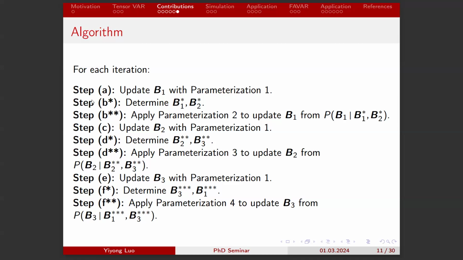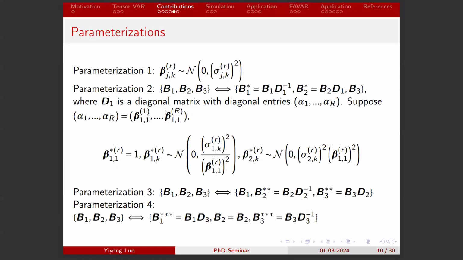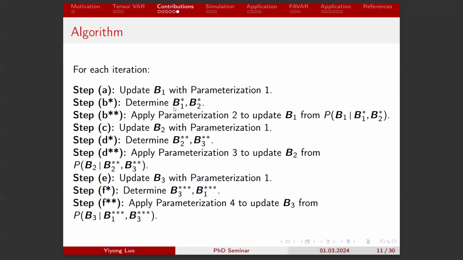And let's move on to steps with 1 star risk. You need to multiply your matrices by something that I have shown you before, these 3 major parameterizations. So you can determine B1 star and B2 star. For the steps with 2 star risks, you need to sample the same set of parameters.